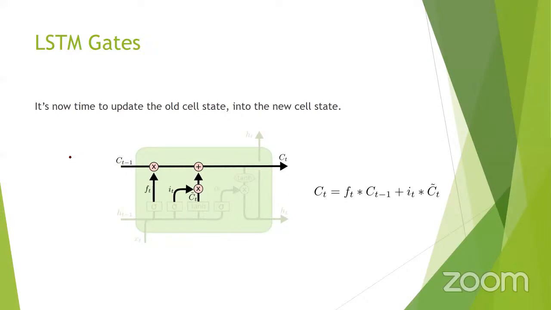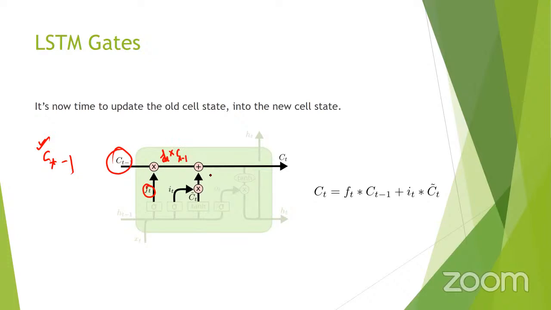Now coming back to your cell state itself, it's the time to update the old cell state into the new cell state. From the previous cell, I got my cell state CT minus 1. From the forget gate, I got some information about which information from the previous cell state to take and which one to reject, so I multiplied this CT minus 1 with my FT.